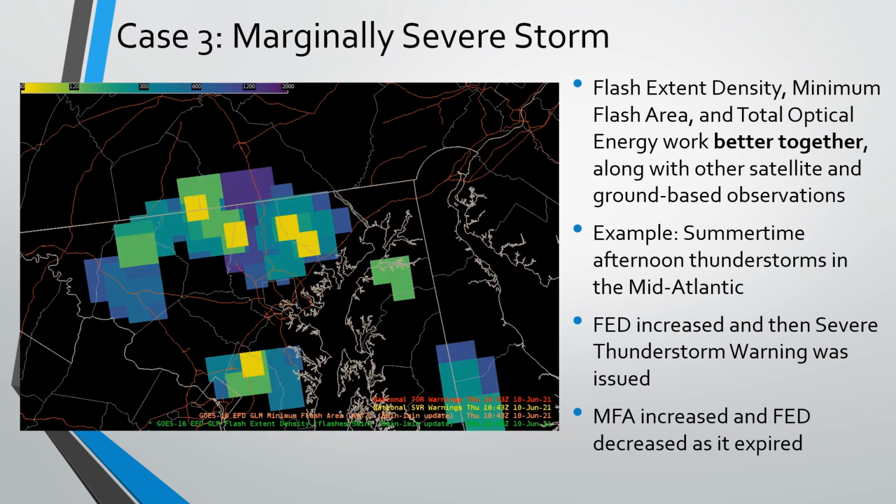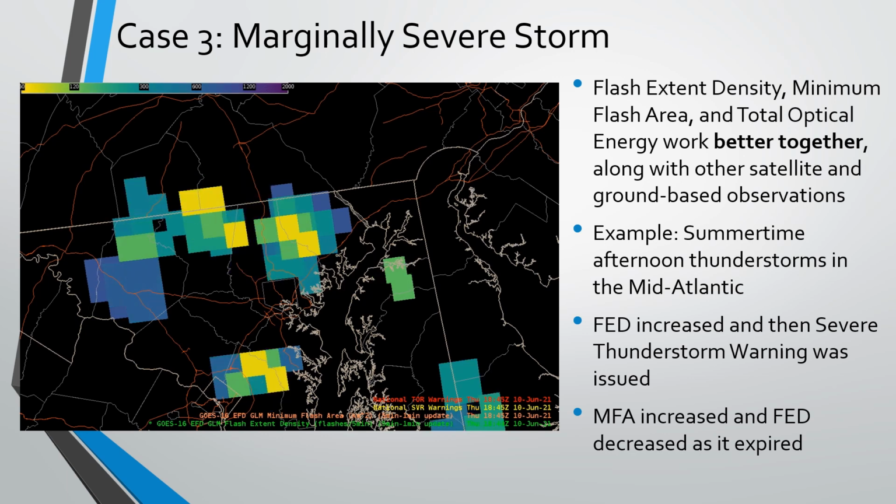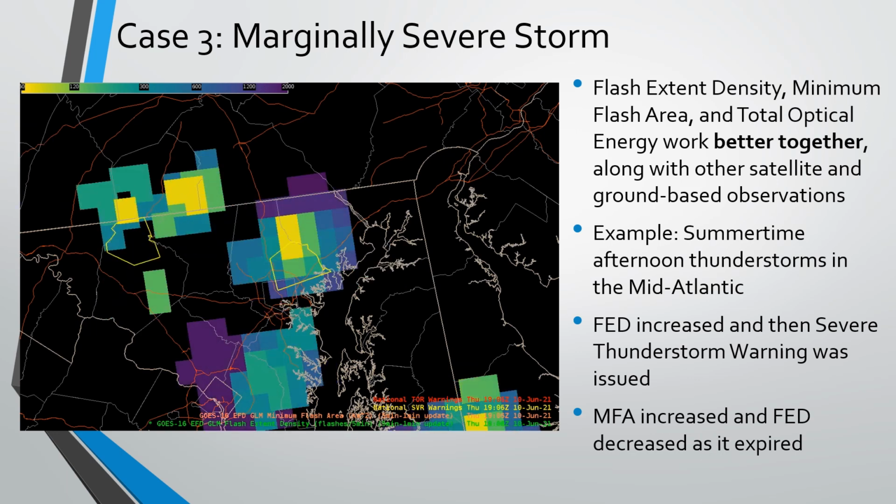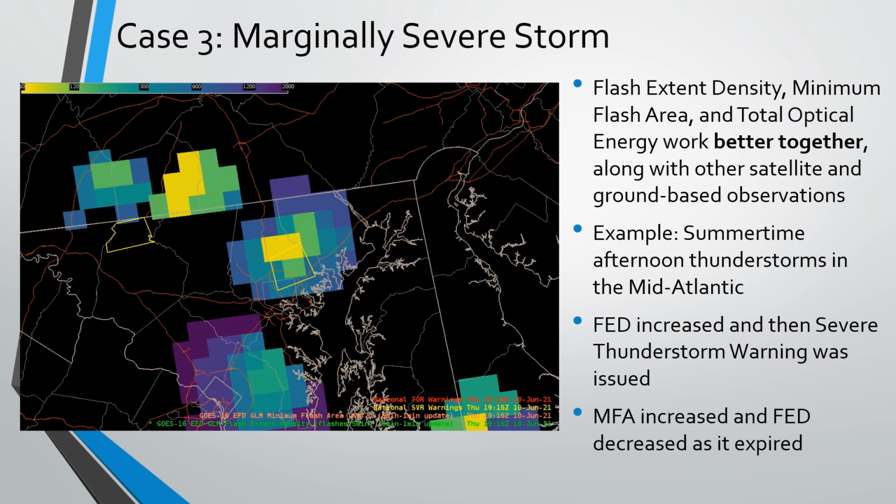Looking at this same case from the perspective of minimum flash area, we can see, especially at the beginning, although the flash counts in FED started off relatively uniform, that there is a strong core of the thunderstorm already building, as these gold MFA pixels represent the center of the strong updraft. As the thunderstorm develops, that strong updraft also develops with even more minimum flash area values.